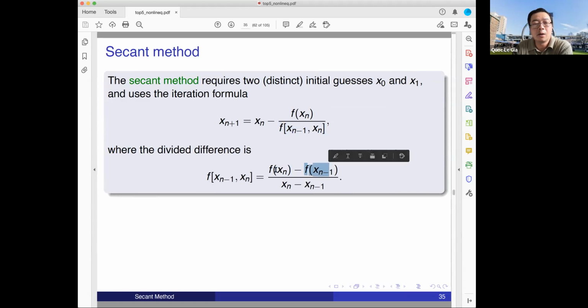So the slope is the difference in y over the difference in x. And then the formula becomes x n plus 1 equals x n minus f over the divided difference.